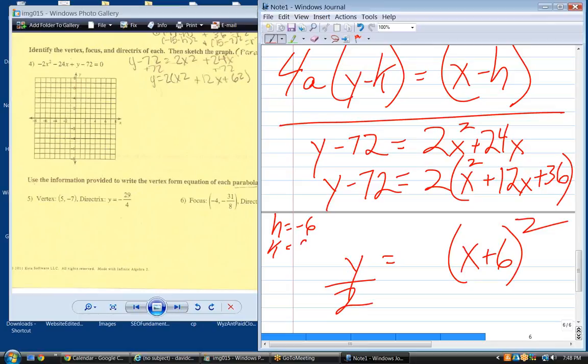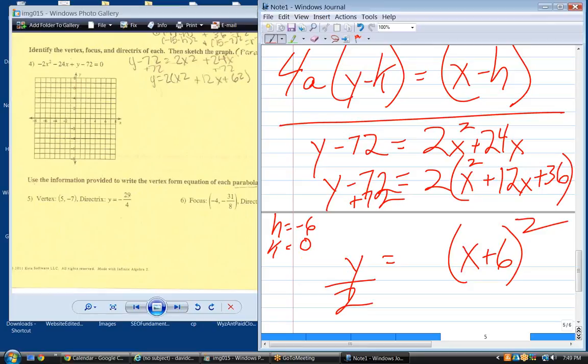Oh, 72? No. Remember I had to add 72 to both sides? So the left side no longer says y minus 72, it says y divided by 2. In other words, K is 0. There's nothing being subtracted from the y.